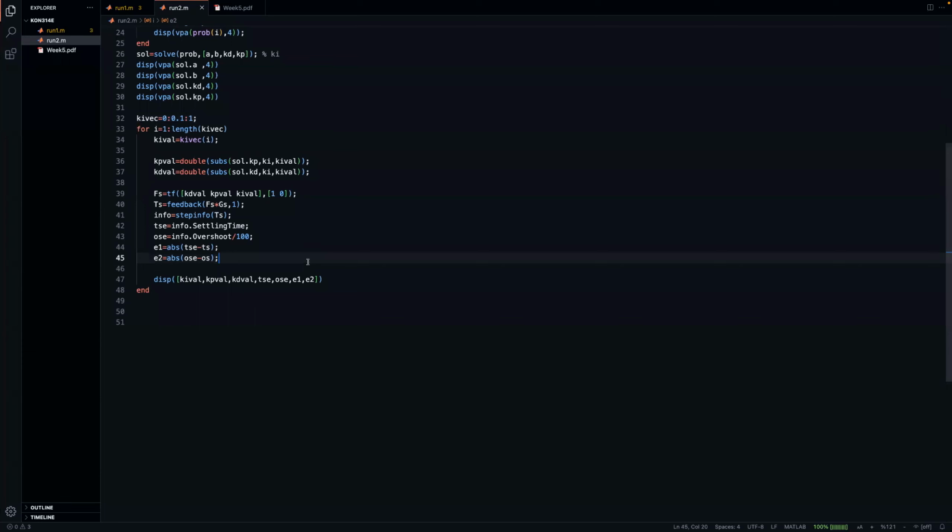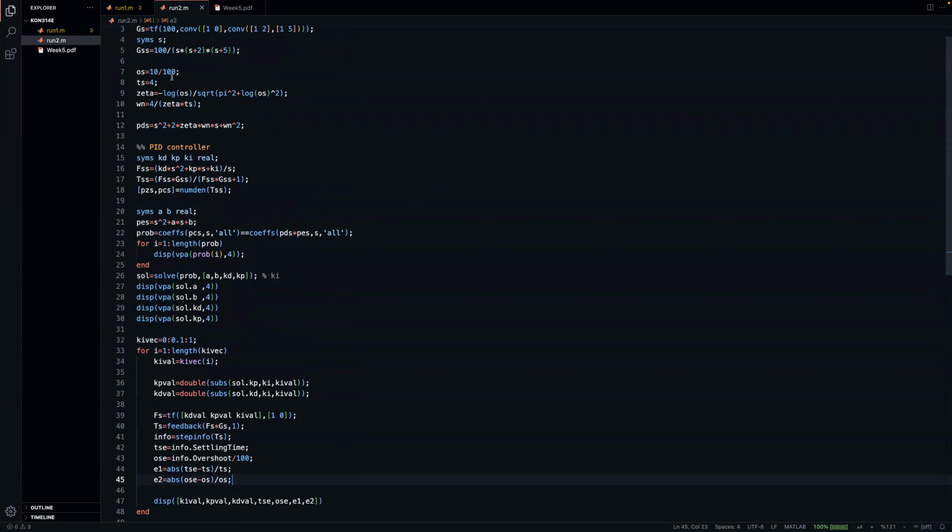So what I mean by that is I could just divide this by TS and this one by OS. These are the specifications, by the way. Don't use TSE or OSE. It's quite different. That's experimental data here. And I just want to have these specifications because those are the valid values.